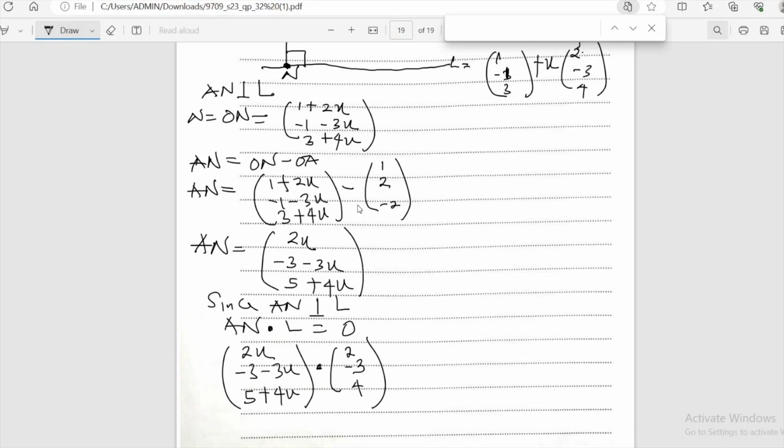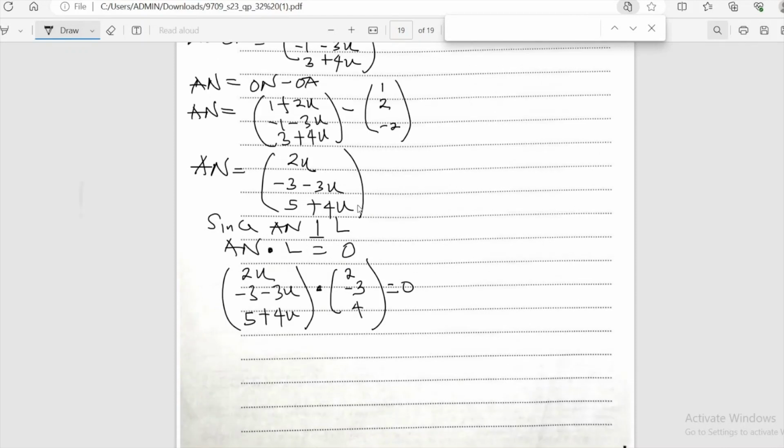You set it equal to 0. So from here we have 4 mu plus 9 mu plus 20 plus 16 mu equal to 0. At the end of it, we have 29 mu plus 29 equal to 0.